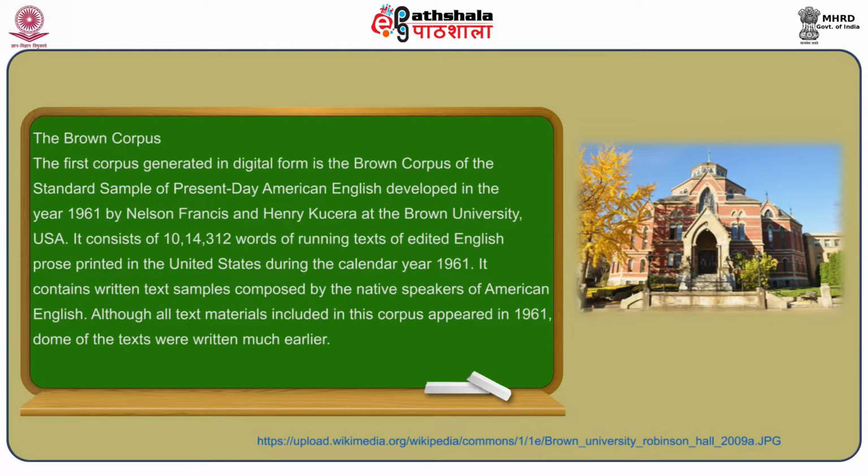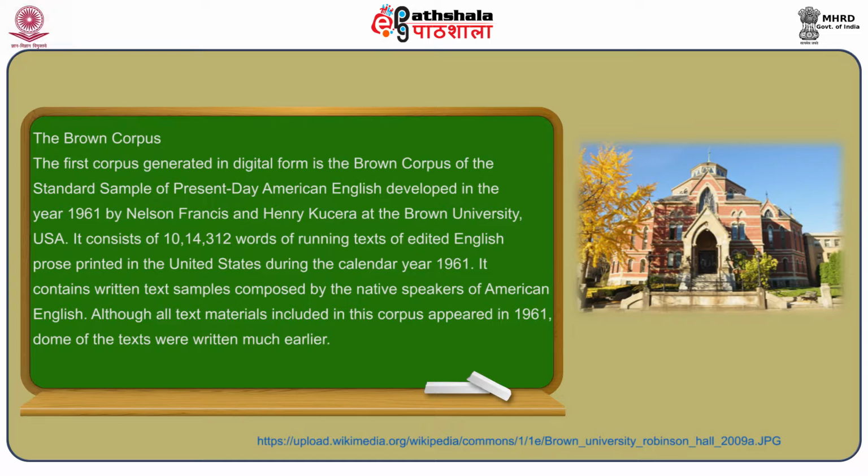The funding for this came from some government agencies. The corpus consists of 1,014,312 words of running text of edited English prose printed in the United States during the calendar year 1961.